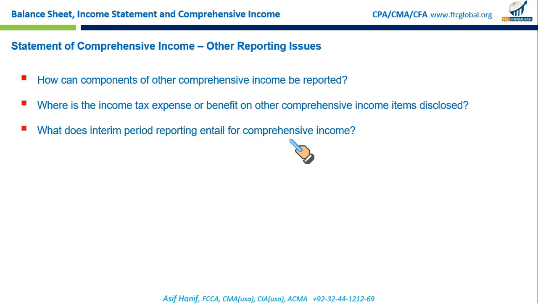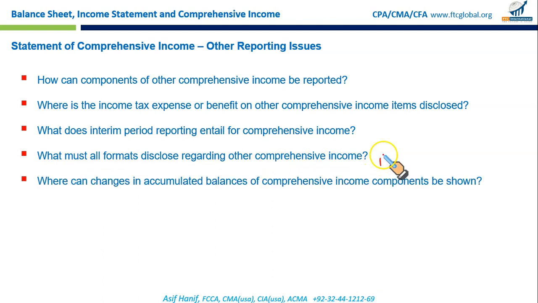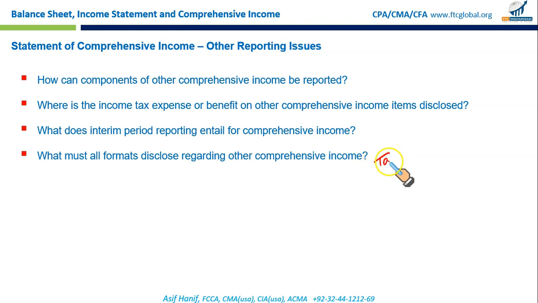Then the next question says, what must all formats disclose regarding other comprehensive income? First, tax effects, the tax effect of each component. Then changes in accumulated balances of each component, then the total. This is first, second and third.